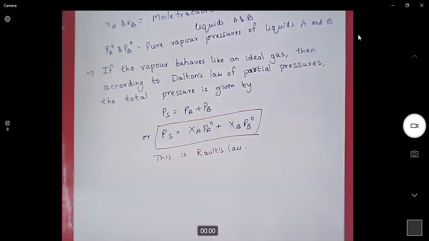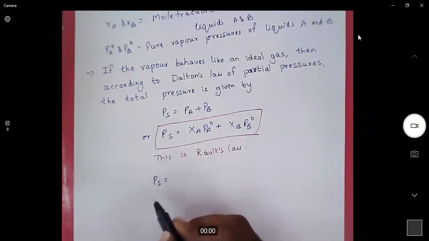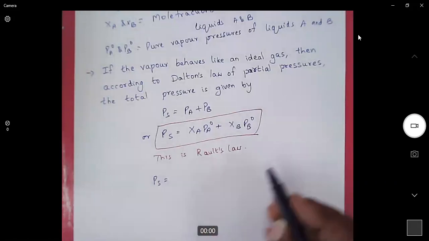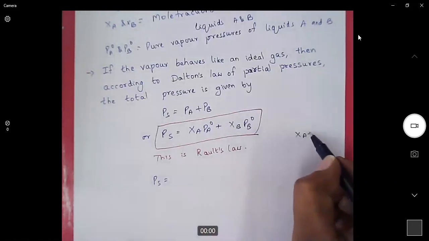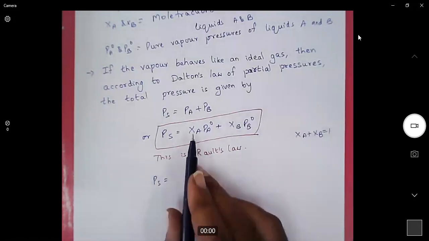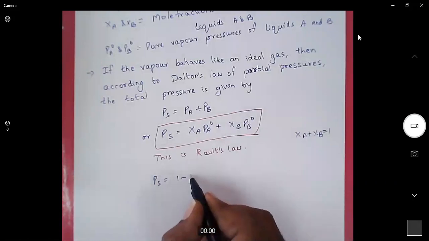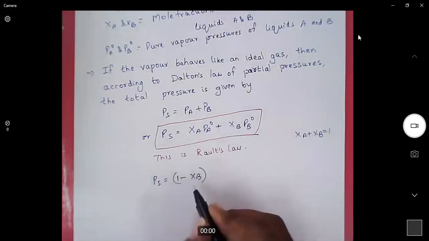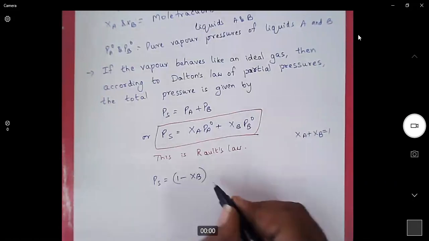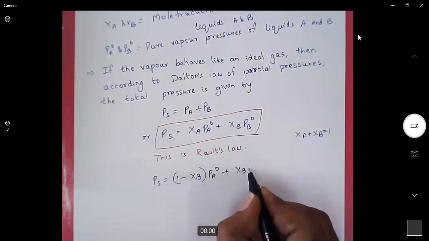Now we can rearrange this equation. For example, what is X? X is mole fraction. We know XA plus XB is equal to 1. In order to convert these mole fractions into one component, we can substitute 1 minus XB for XA into PA naught plus XB into PB naught.